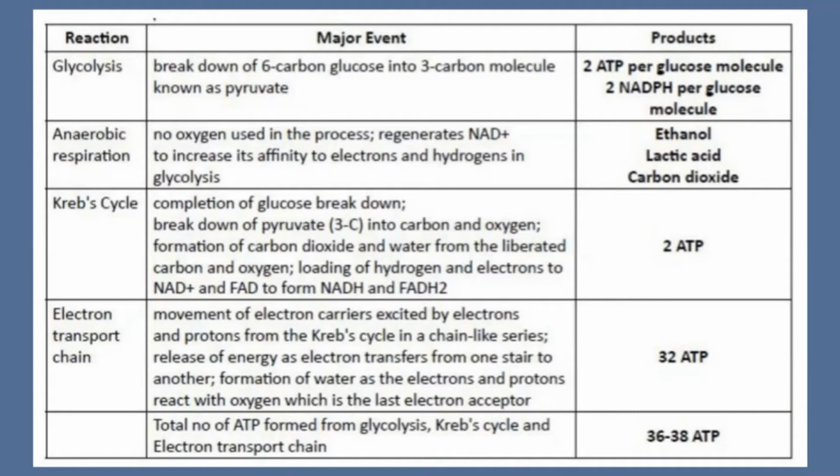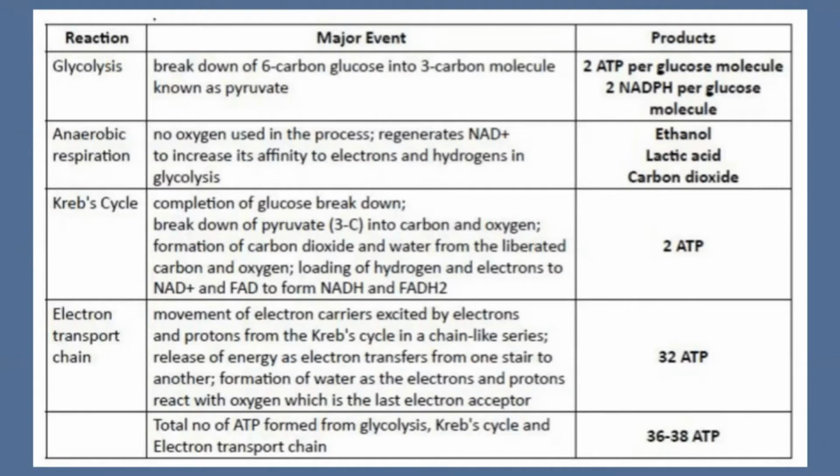So sa aerobic respiration naman, it is the presence of oxygen which results in a net 36 ATP per molecule of glucose. So sa aerobic respiration, pwede din dito yung glycolysis. The glucose is broken down into pyruvate, producing 2 ATP per glucose molecule.